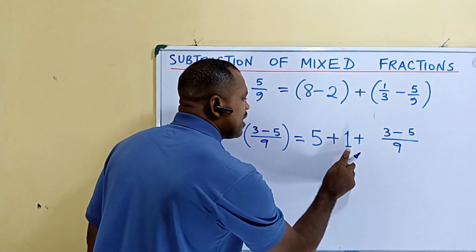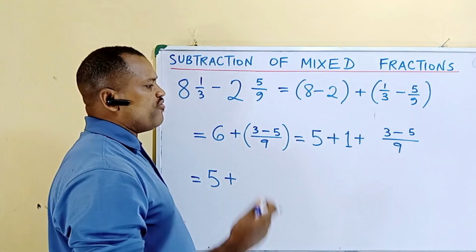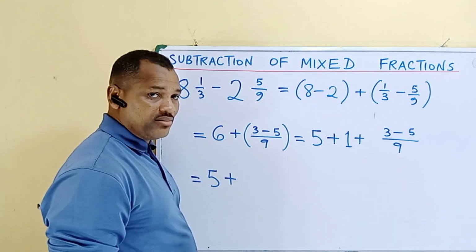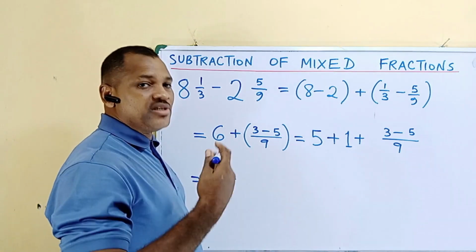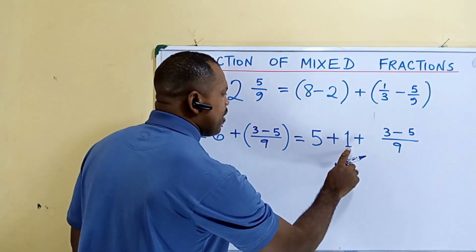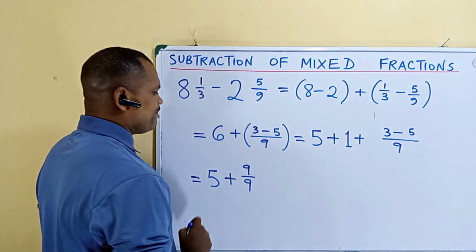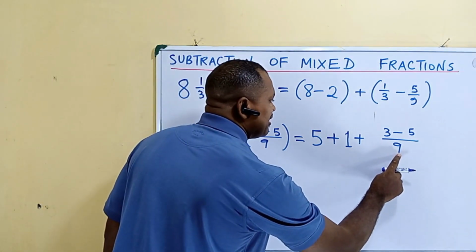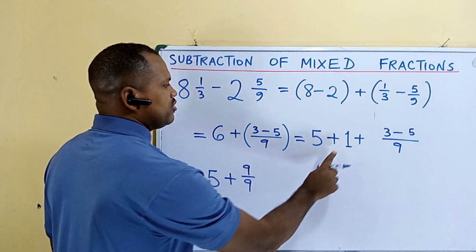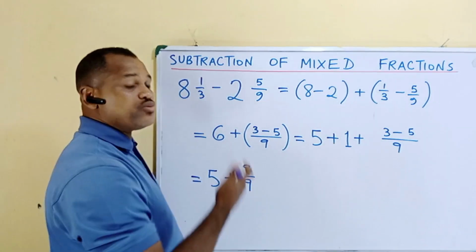So you change this 1 to 9 over 9. 9 over 9 is still the same thing as 1. Any number divided by itself is still 1. So you change this 1 to 9 over 9, because here the bottom number is 9.